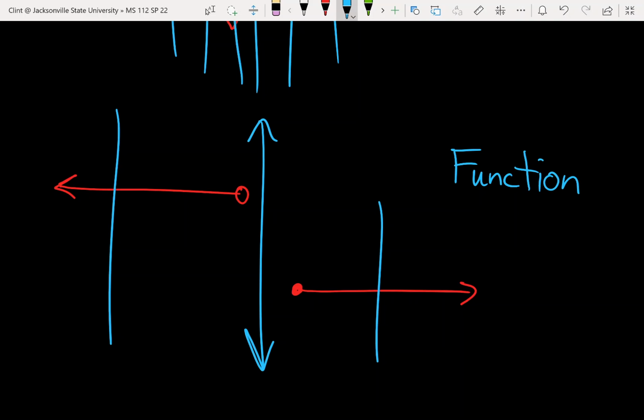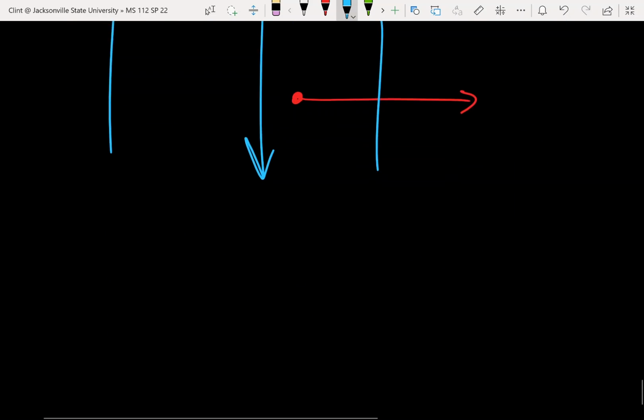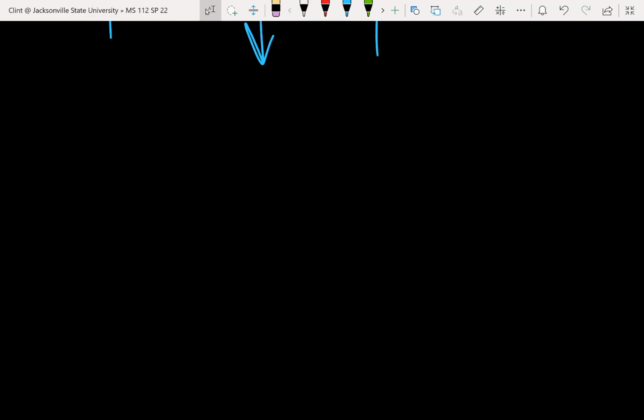One last little topic here, and that is thinking about the graph of a piecewise function. So let's look at one of those.